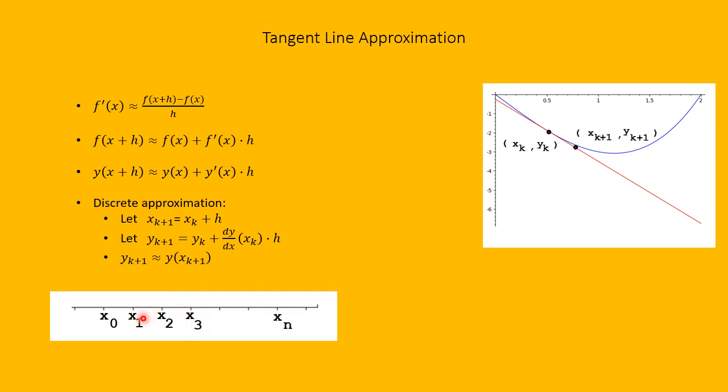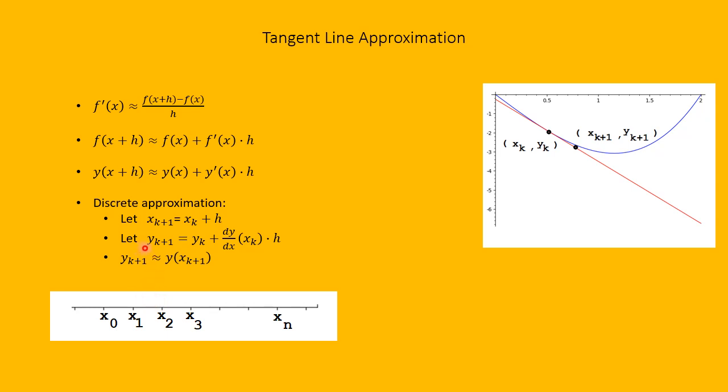The distance between two adjacent x sub i's is h. So we'll let x sub k plus 1 equal x sub k plus h. For instance, down here, x sub 2 is equal to x sub 1 plus h. x sub 3 is equal to x sub 2 plus h, and so on.